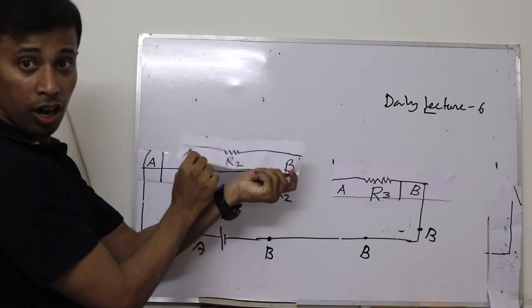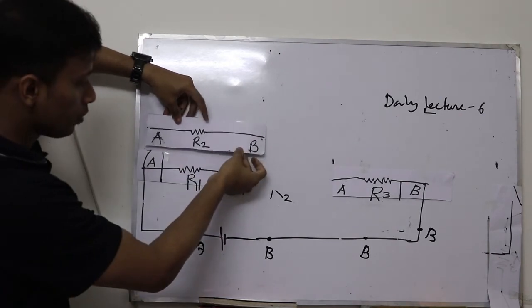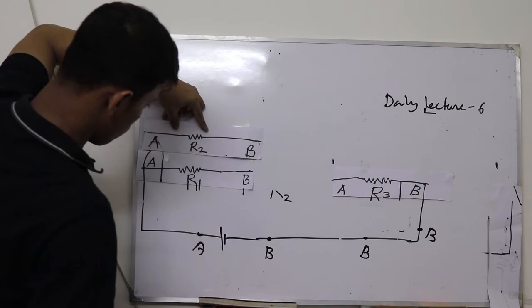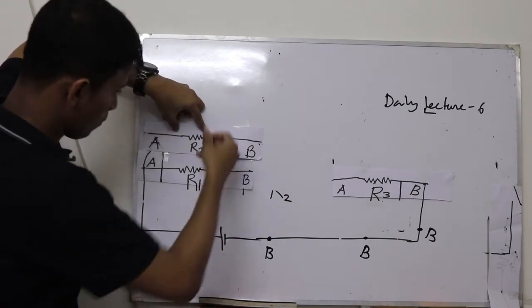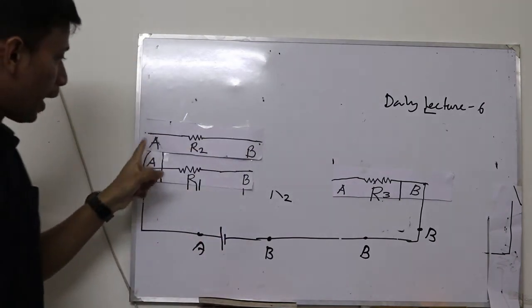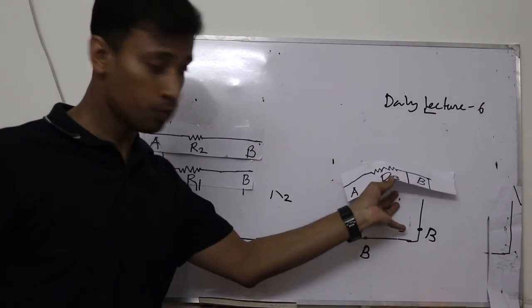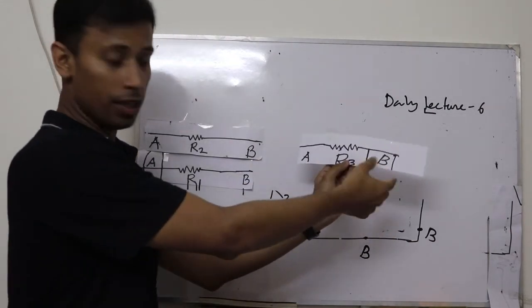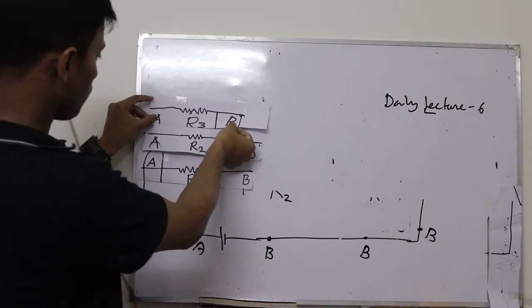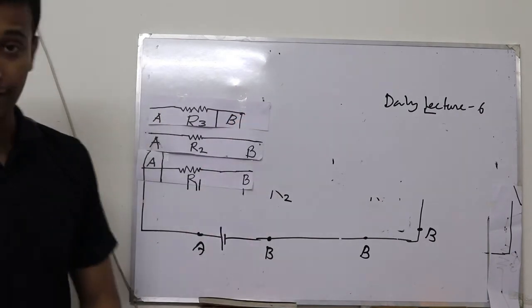This is also R2. So two A's at the same point, two B's at the same point. And now take R1. This is A, this is B. Again let's take all these A's at the same point and all B's at the same point.